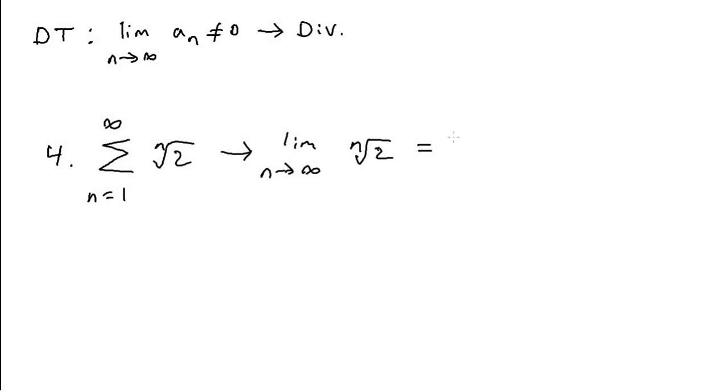So let's just say the limit is about 1, and that is not equal to 0, and because it's not equal to 0, this series, the nth root of 2, will diverge by the divergence test.